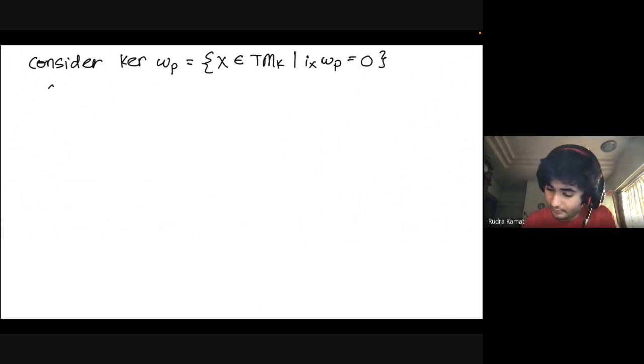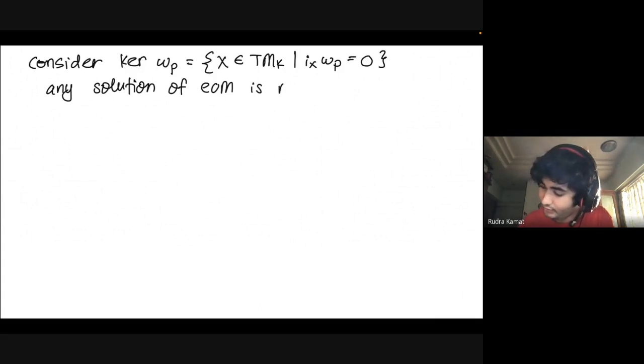But any solution of equations of motion is not unique. Why is that so?